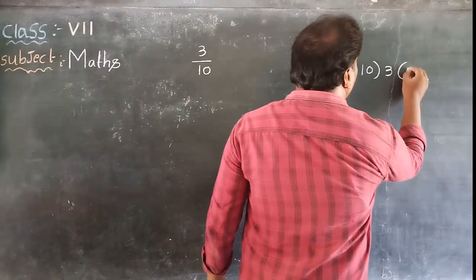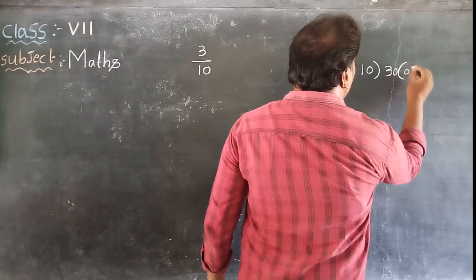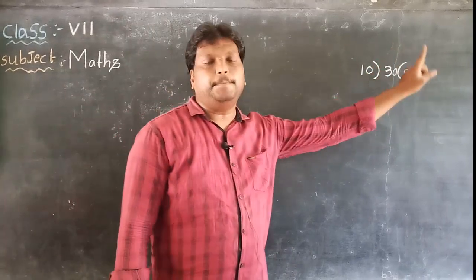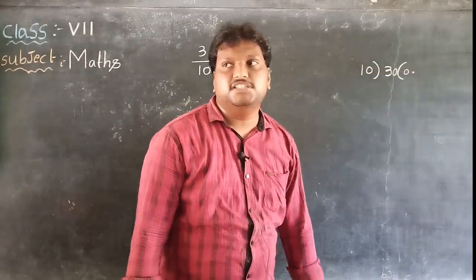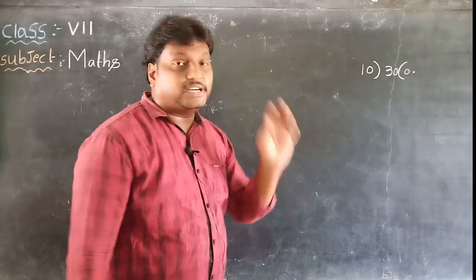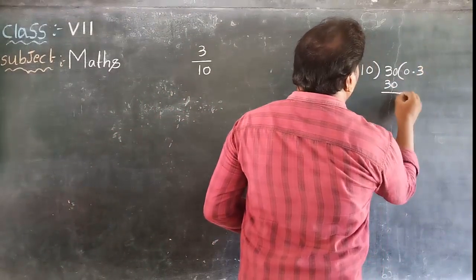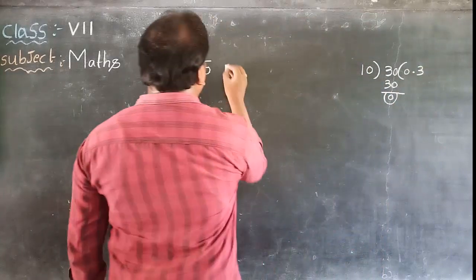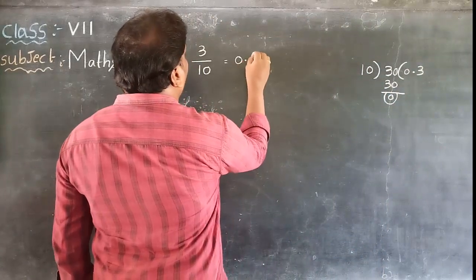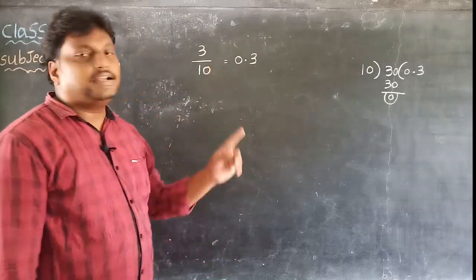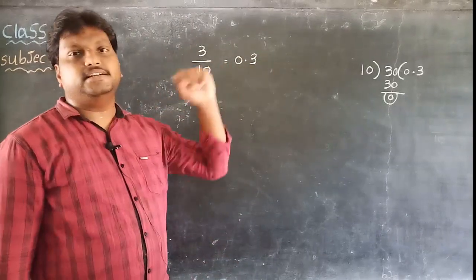Take 0, means we come here with 0 point. When you take 0, you must compulsorily mention the point. Now 10 table, 10 3s are 30. Means what is the value? 0.3.